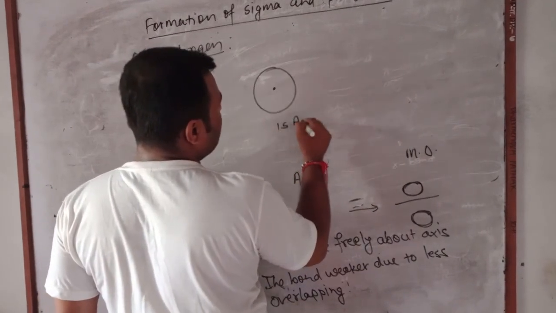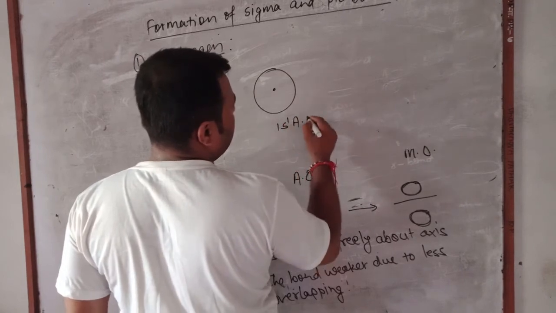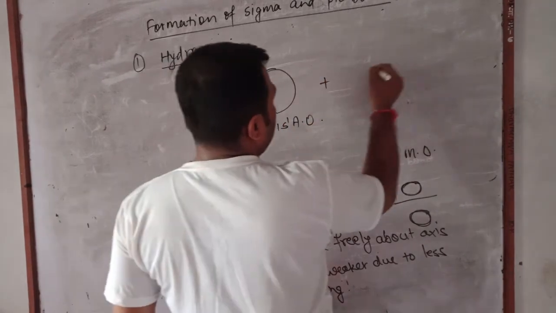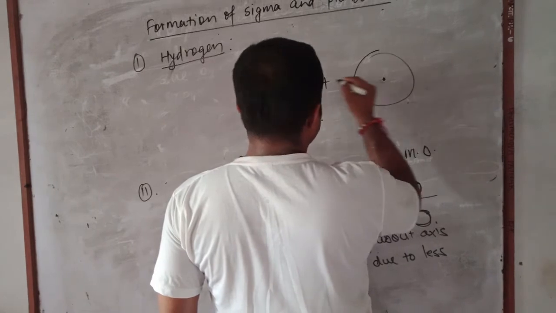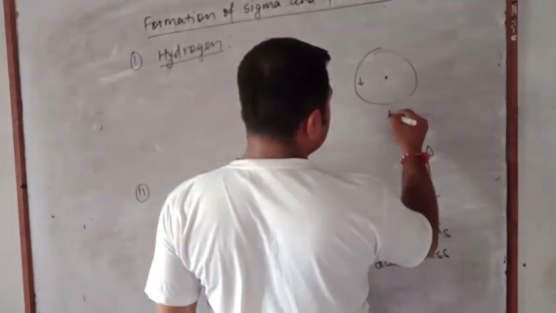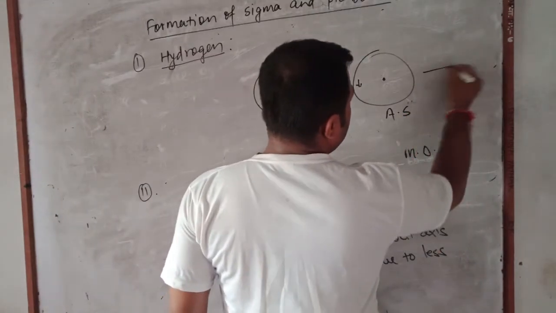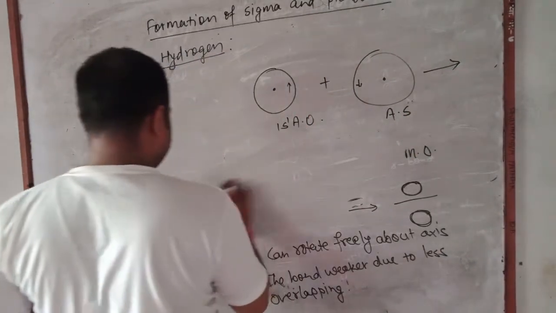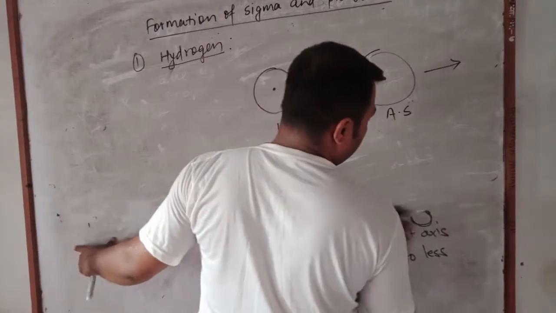1s atomic orbital overlaps with another 1s atomic orbital having an electron of opposite spin, and that causes the bond to form.